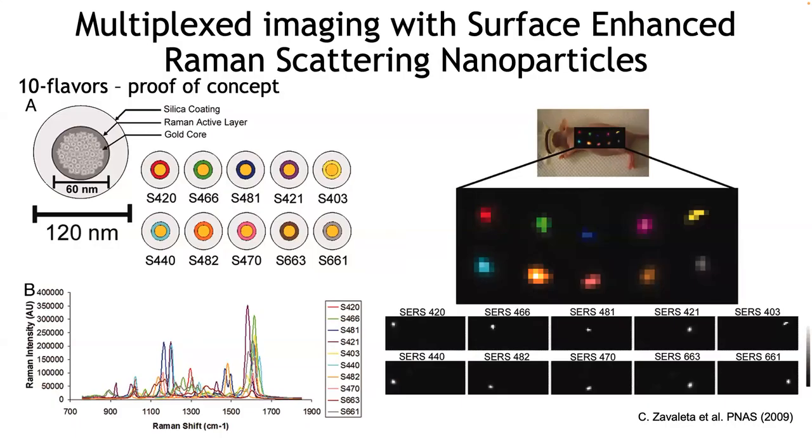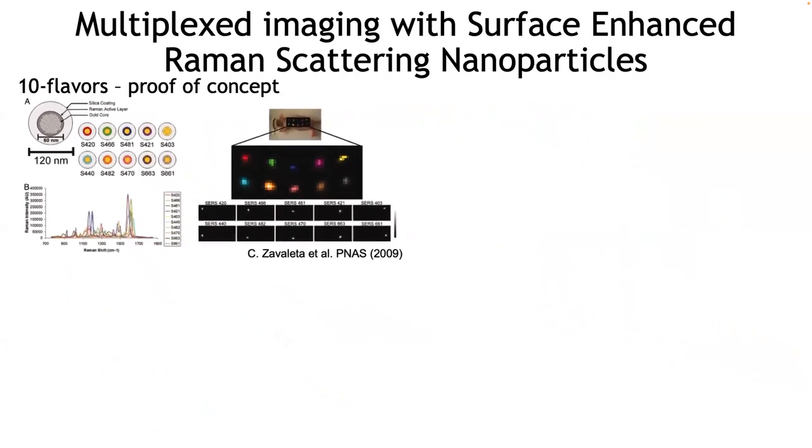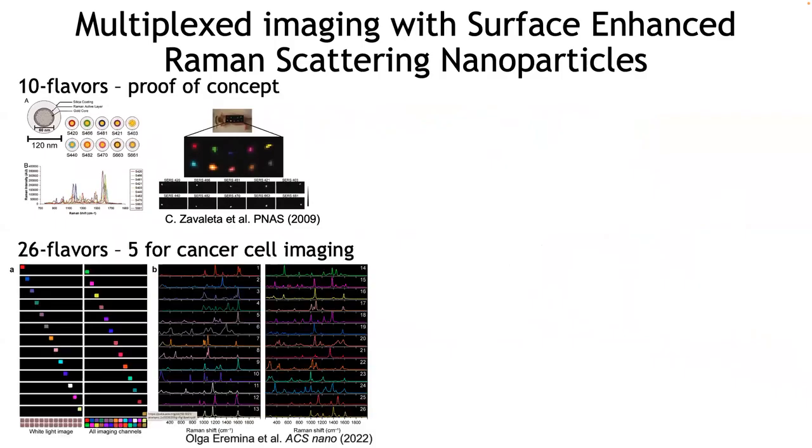However, for more than 10 years after this paper, there was very limited progress in the field of multiplexed imaging using Raman. There were, of course, a few applications, but they were very rare in between. Recently, we've had much more interest in this. There's this paper by Professor Zavaleta's group, by Olga Remina, where they developed 26 different Raman flavors, as we call them, different spectra.